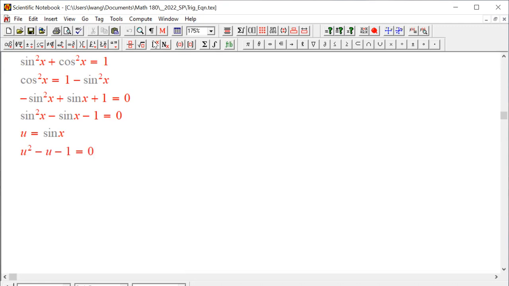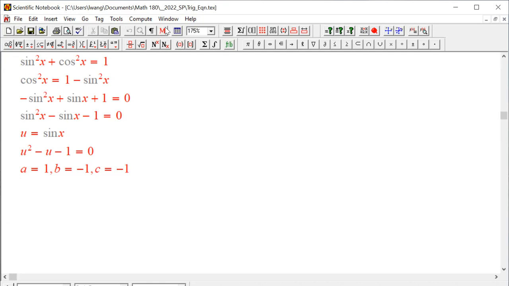It's a very simple looking quadratic equation, but it's very, very difficult to factor. You can try it. At this point, I'm just going to jump into the quadratic formula. So a equals 1, b equals -1, c equals -1.